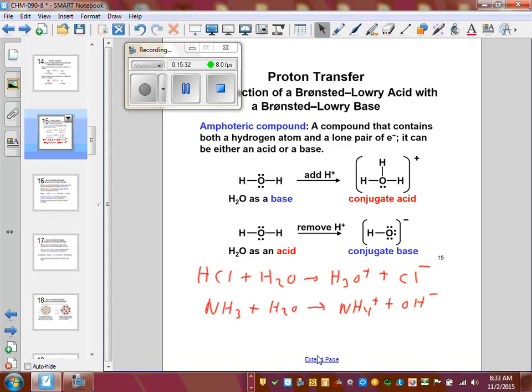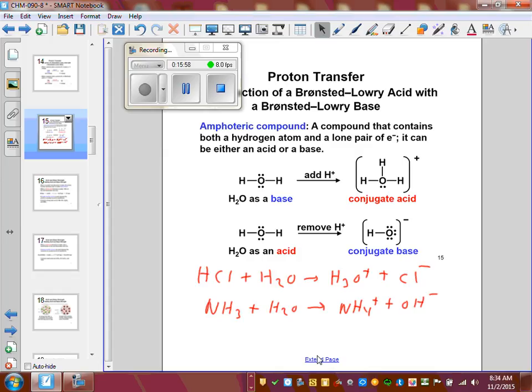In the bottom one, what are the conjugate acid-base pairs? H2O and OH minus, that's one, and the other one is NH3 and NH4 plus, yes.